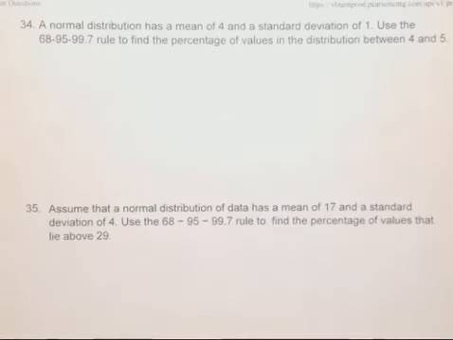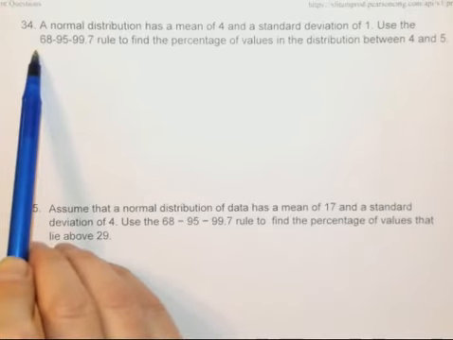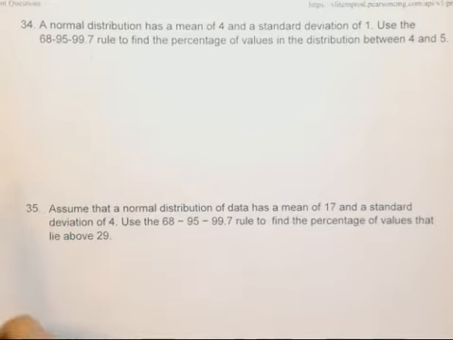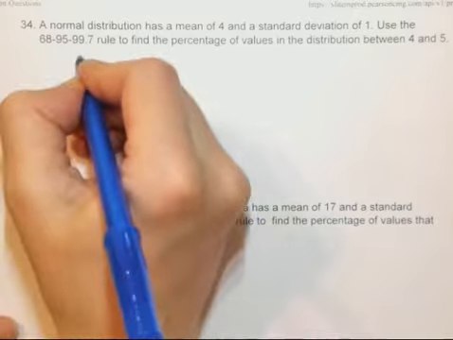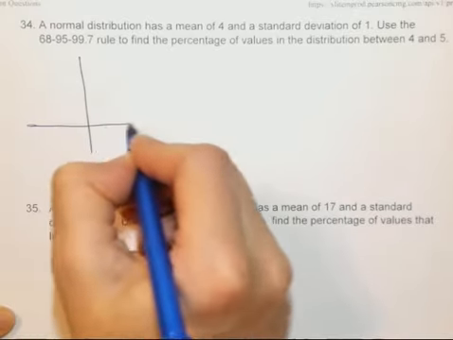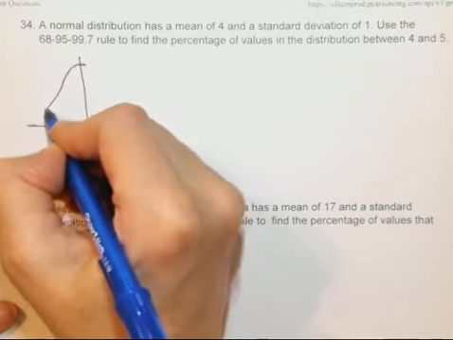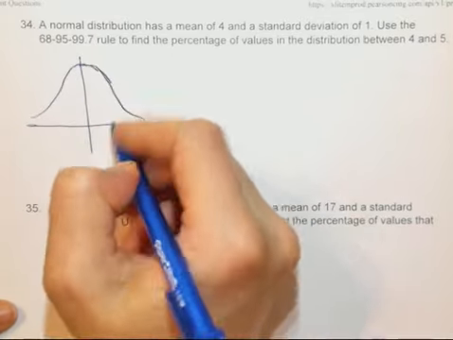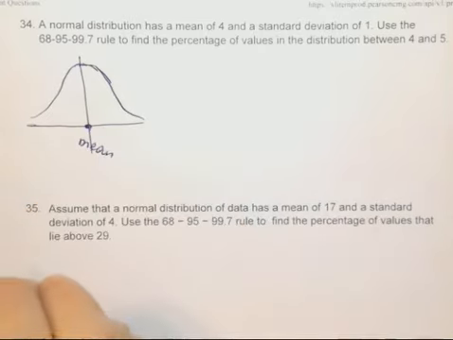And another set of problems works with this interesting rule, the 68, 95, 99.7 rule. We deal with the normal distribution. The normal distribution has such a bell form with the center at the mean.